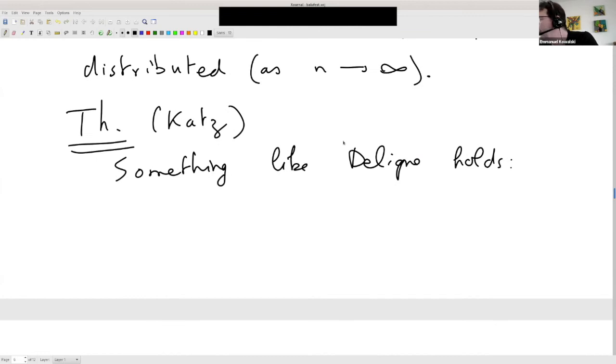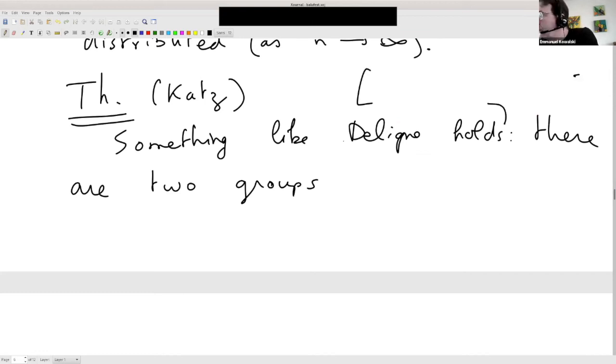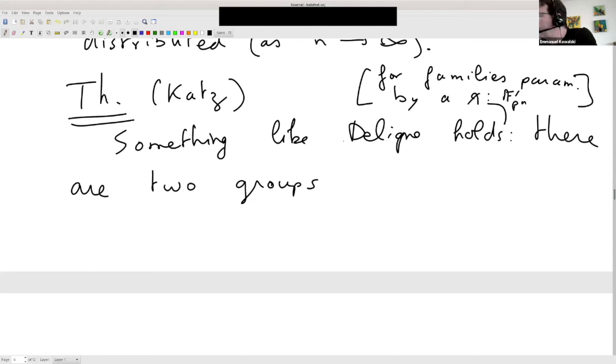So there are two groups. So to any family, I should say, for families parameterized by a single multiplicative character. Okay, single multiplicative character, that's actually important. There are two groups. One is a normal subgroup of the other.